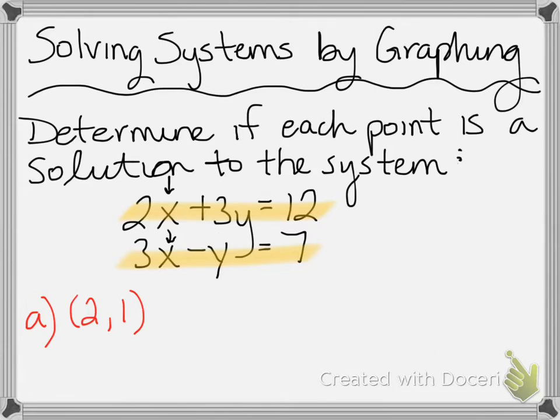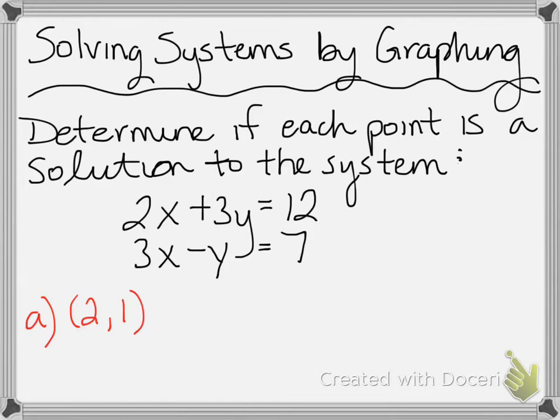Okay, so all we're going to do right here in the beginning is we're going to determine if the given value is a solution to the system. So basically, does what's in red, does this xy coordinate make both of these equal signs, these equations, true? So to solve that, you're going to have to plug the xy coordinate into both of the equations and see what happens.